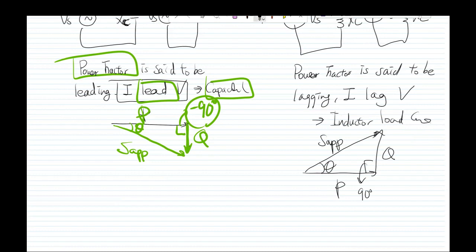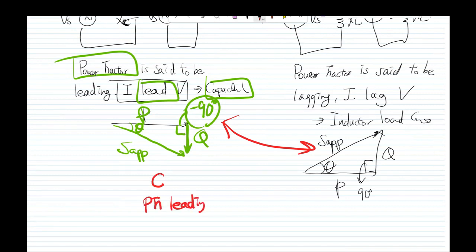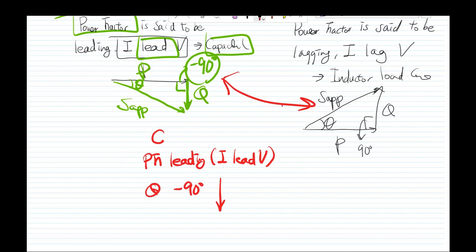So from here, we compare the inductor and the capacitor. For the capacitor, the power factor is what? Leading, because the I leads the V, and Q is 90 degrees downward in the power triangle.